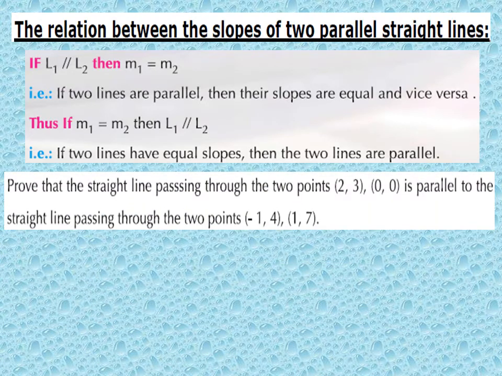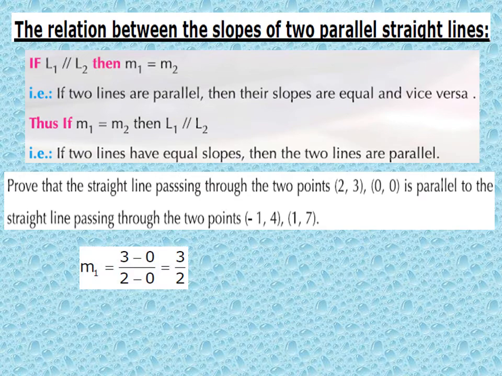Example: prove that the straight line passing through the 2 points (2, 3) and (0, 0) is parallel to the straight line passing through the 2 points (-1, 4) and (1, 7). First, find M1, y2 minus y1 over x2 minus x1, or y1 minus y2 over x1 minus x2.